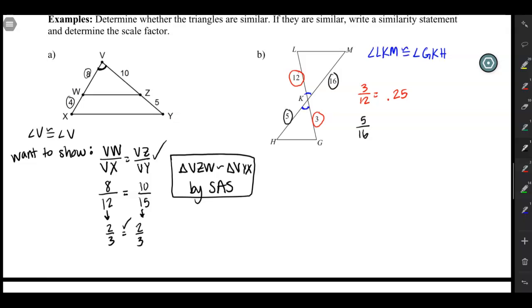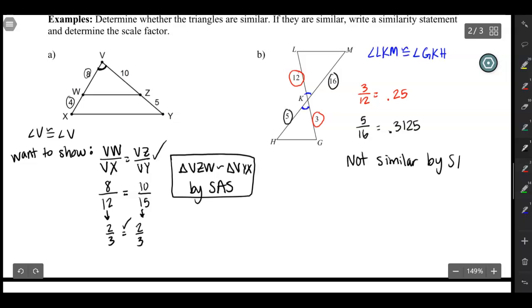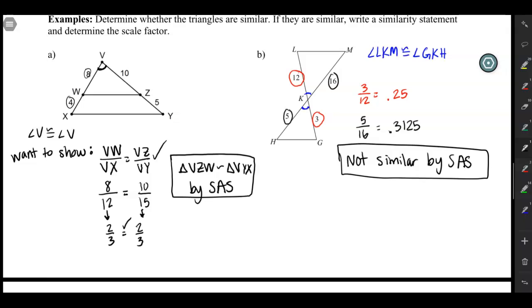So 5 over 16 as a decimal is 0.3125. That means that these triangles are not similar by the side angle side theorem because the sides are not proportional to each other.